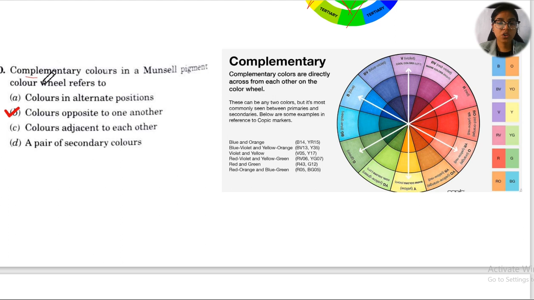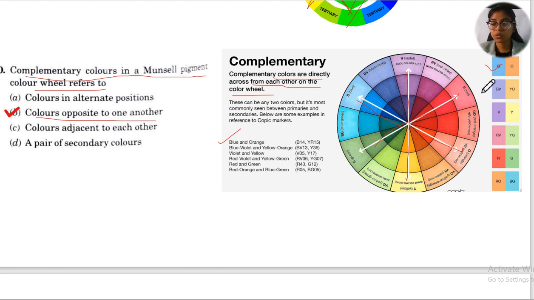Next question is, complementary color in a Munsell pigment color refers to the, we have seen earlier, they refer to the color opposite to one another. Now look at this image. Complementary colors are directly across from each other on the color wheel. Examples are given to you: blue and orange, blue violet and yellow orange, as you can see in the image.